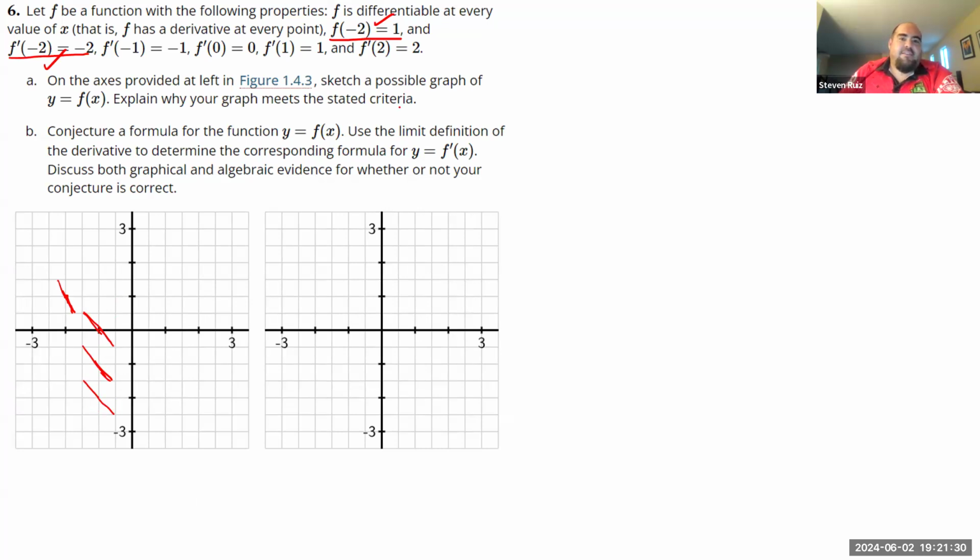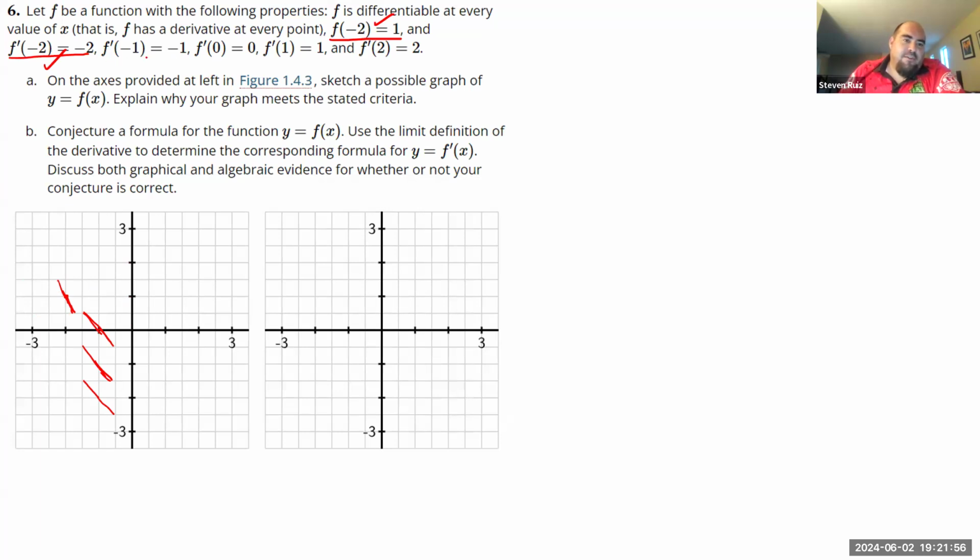In this case, f of -2 tells us where the function is, like where its points are. The derivative tells you something about the covariation of those points. How rapidly is the y value changing with respect to changes in the x value? That's what these little slopes that I'm graphing here represent.